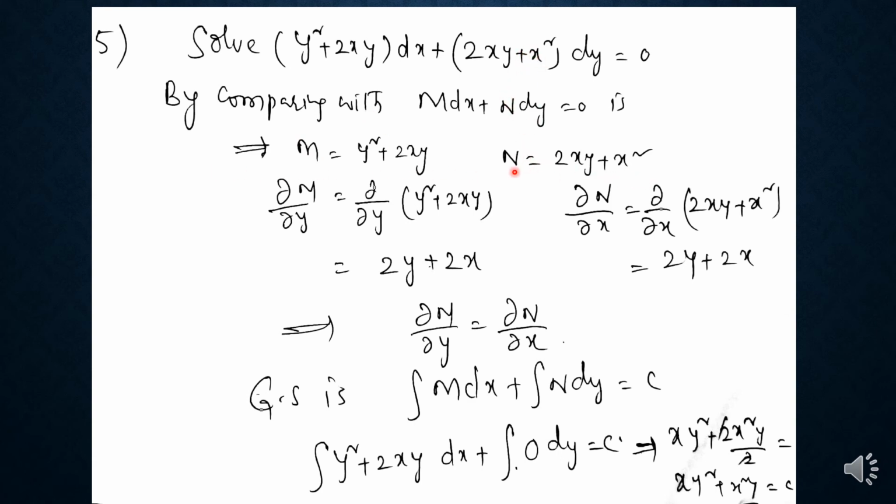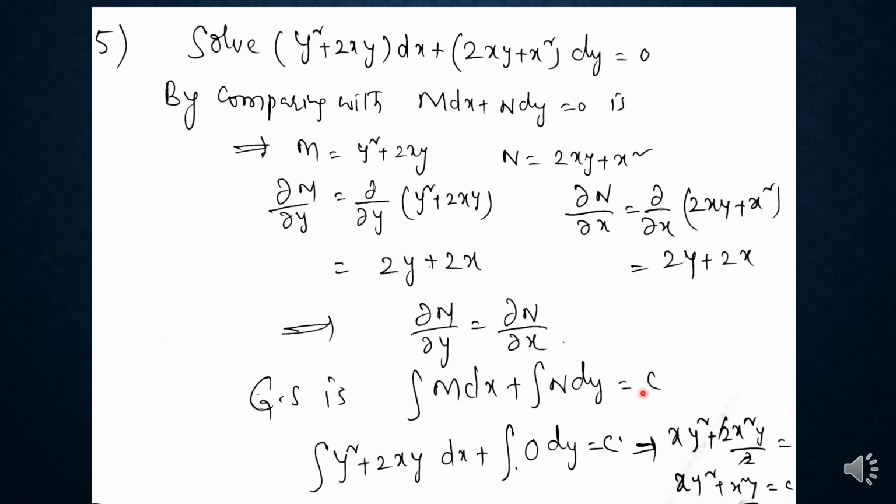After taking these two functions, we find the partial derivatives, dou M by dou y and dou N by dou x. Dou M by dou y is 2y plus 2x and dou N by dou x is 2y plus 2x. These two are equal, so we can say that the given differential equation is an exact differential equation. After this we have to write the general solution.